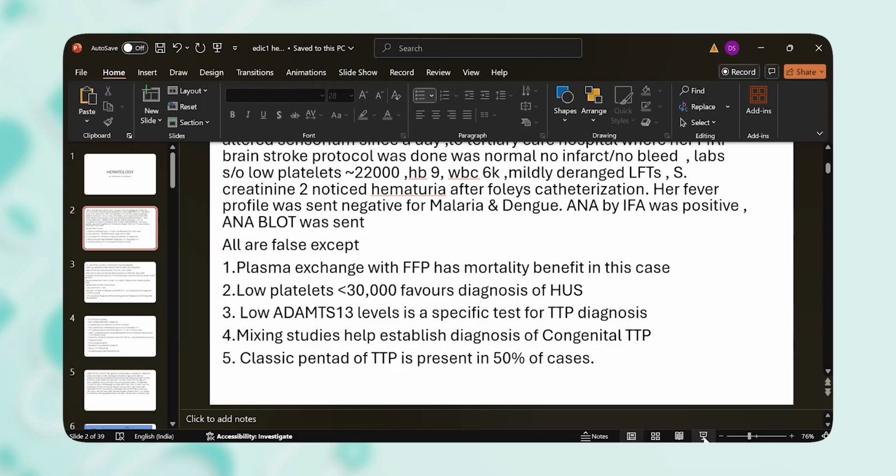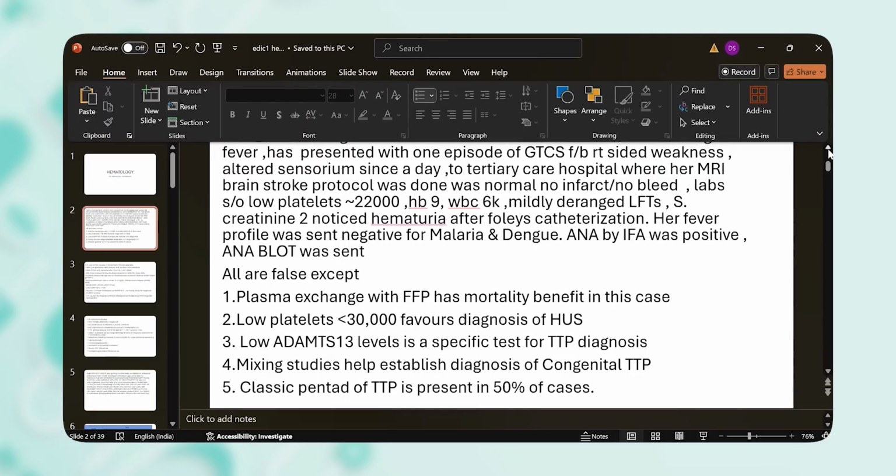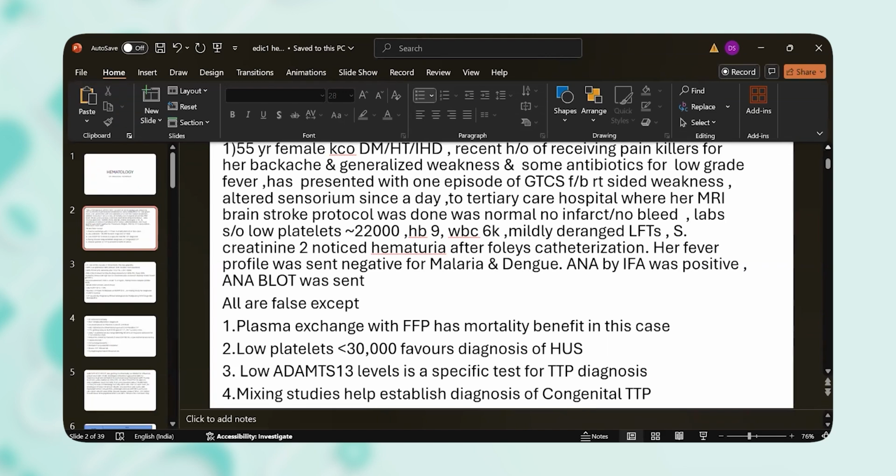We'll start like this only. Is the slide at least visible? Yes, ma'am, the slides are visible.